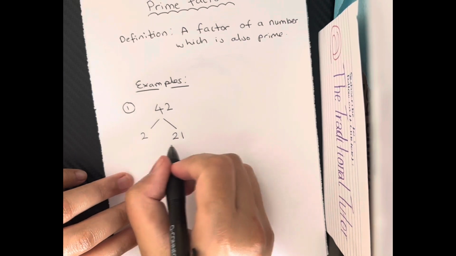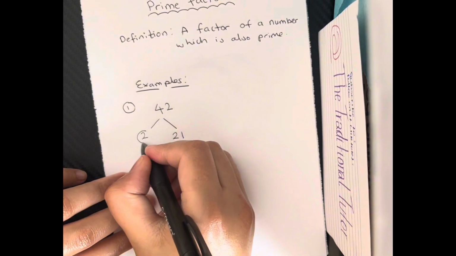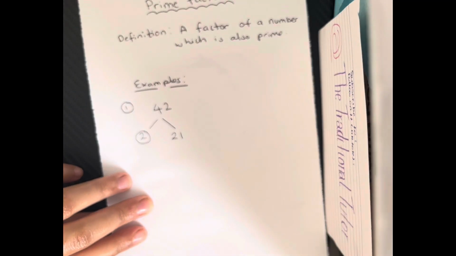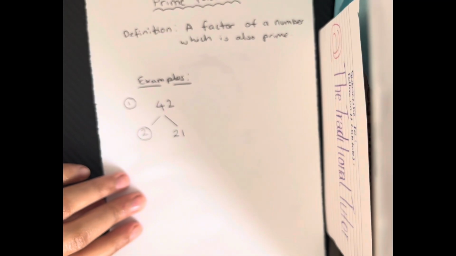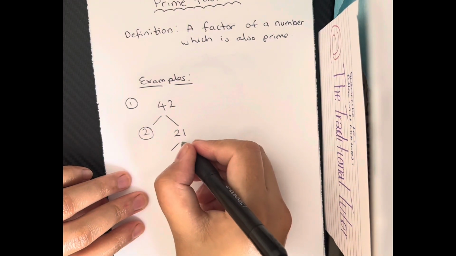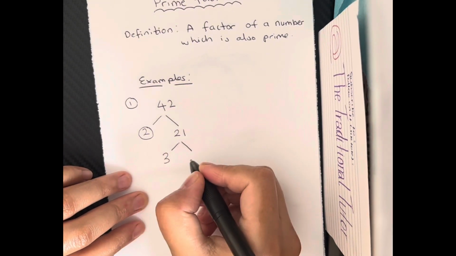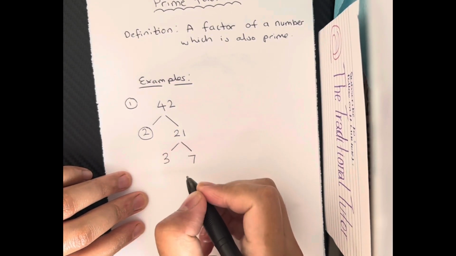Now, out of these two numbers, one of them has got to be prime, and that is our 2. So we're going to circle it so that we can keep a record of all the prime factors. Okay, then moving on to 21, let's break that down as well. So that comes, we know, into 3 times table, and it's 3 times by 7.